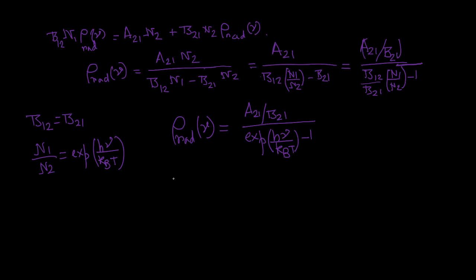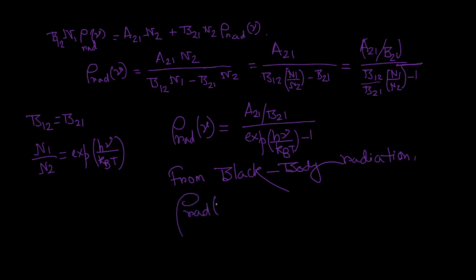Now from black body radiation, it can be written as 8π hν cubed by c cubed times 1 by (exponential hν by kBT minus 1).